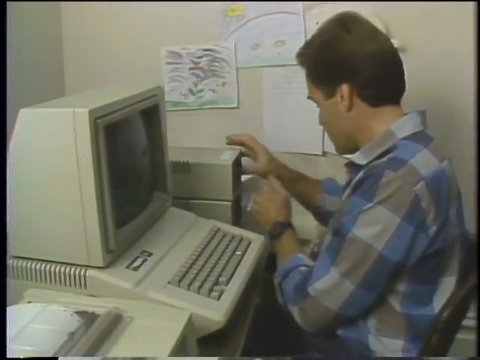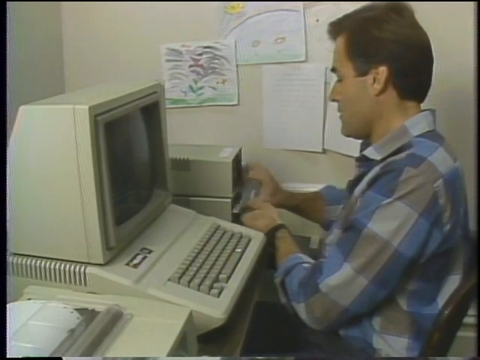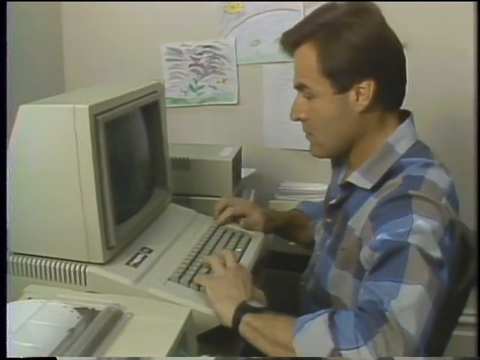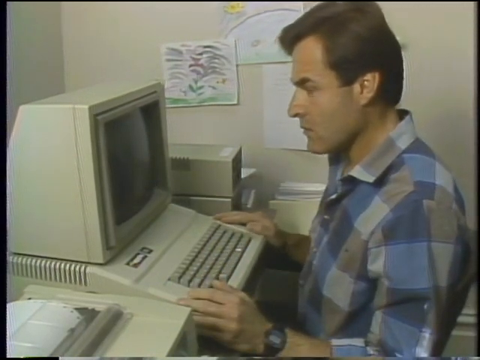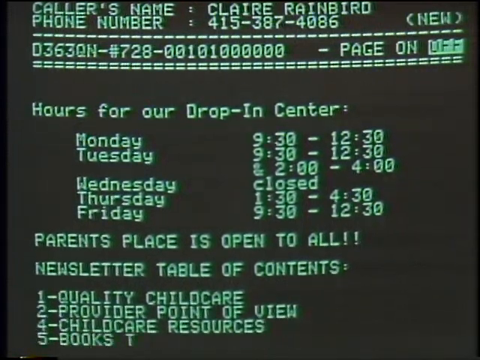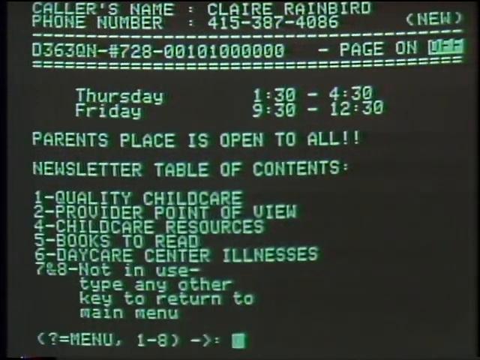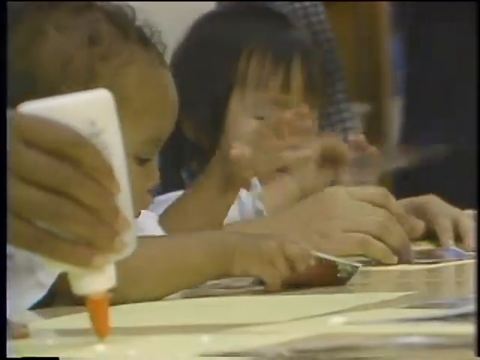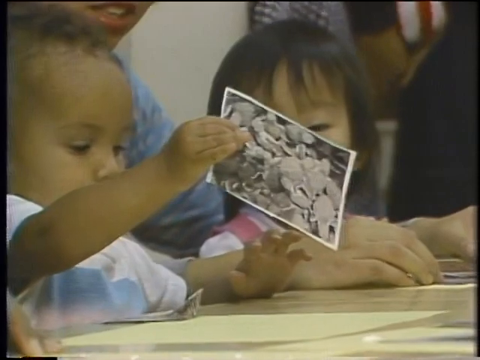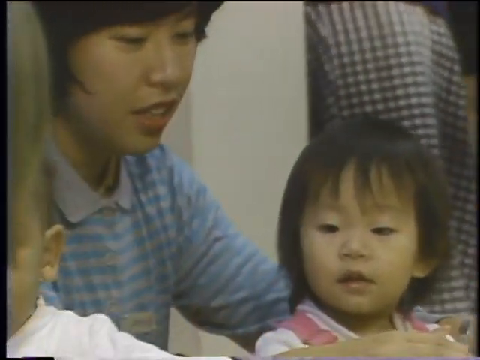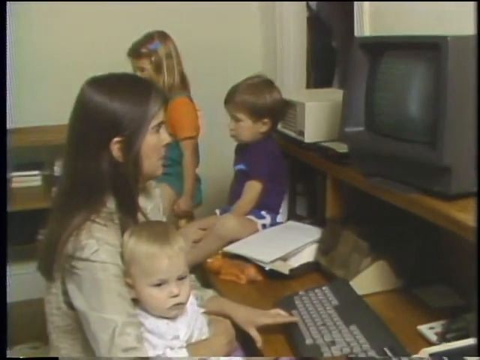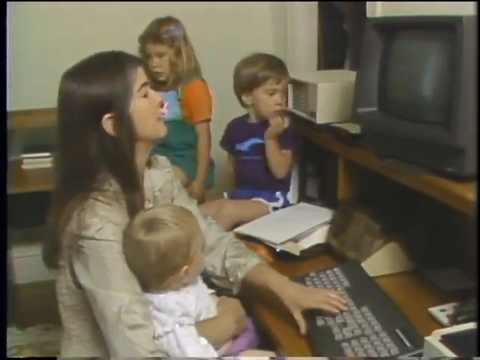Available to anyone with a personal computer, the Parents Place Bulletin Board is online every evening from 5 p.m. to 9 a.m. It offers up-to-date articles on child rearing and answers questions about typical childhood events, from temper tantrums to toilet training. One of the most popular aspects of the service is its interactive sharing of experience between new and often unsure parents. While the center keeps a telephone helpline open for voice communication, the popularity of the electronic message board is growing steadily.